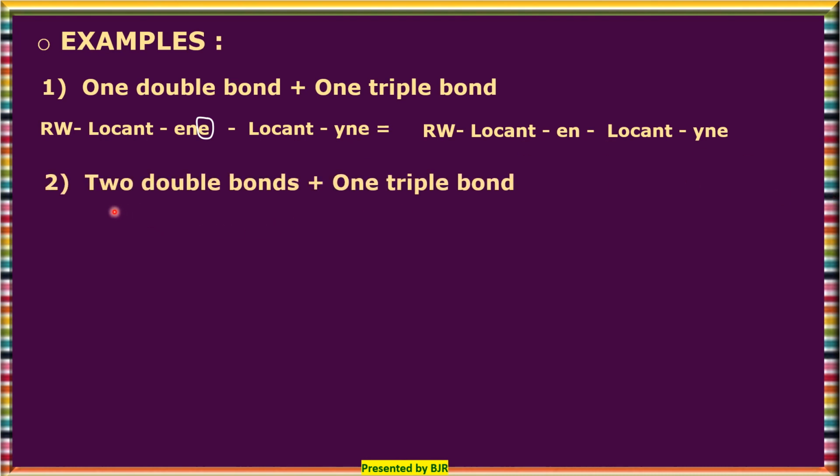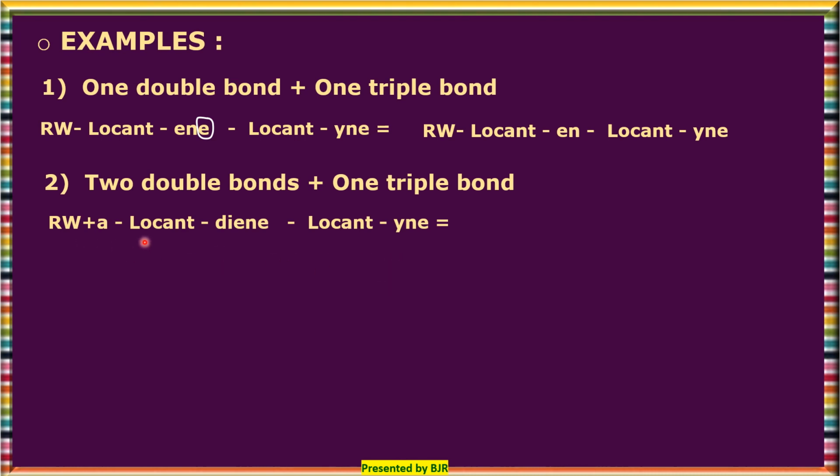Next, when a molecule contains two double bonds and one triple bond, see here, root word plus A, locant, diene, locant, yne. When there are two double bonds or two triple bonds, that is, when more than one double or triple bond is present, we have to add A to the root word, like octa, hexa, like this.